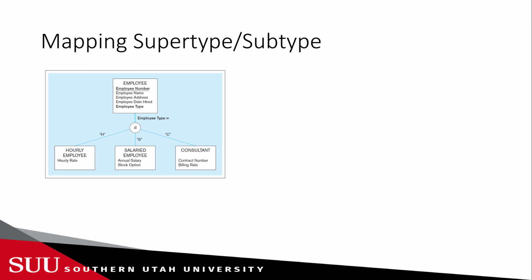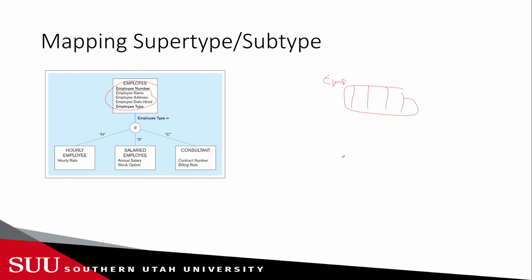Now this is one example where we have employee that has three types: hourly employee, salaried employee, and consultant. And the rule says we will have all of those attributes that are common to everybody in the employee relation. So I will have those here in the employee relation.